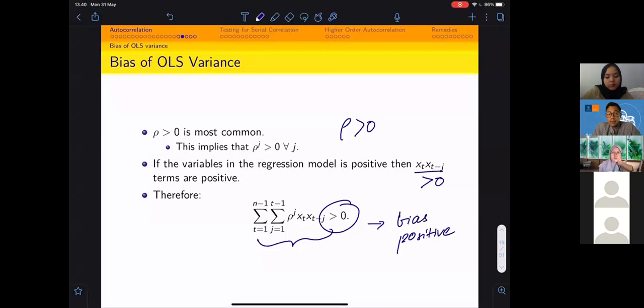So what does it mean? It means that the estimate of the standard error given the OLS is lower than the actual standard error. Sorry, let me revise: in this particular case, the bias is actually going to be downward. Why? Because the estimate that we get from the OLS is lower than the actual standard error, accounting for the serial correlation.